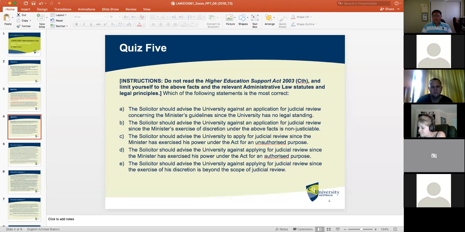Now, the other question we ask is, let's assume that the executive does act with the authorized purpose. But in doing so, what the executive did was actually to have an ulterior motive, a different motive in making a decision.